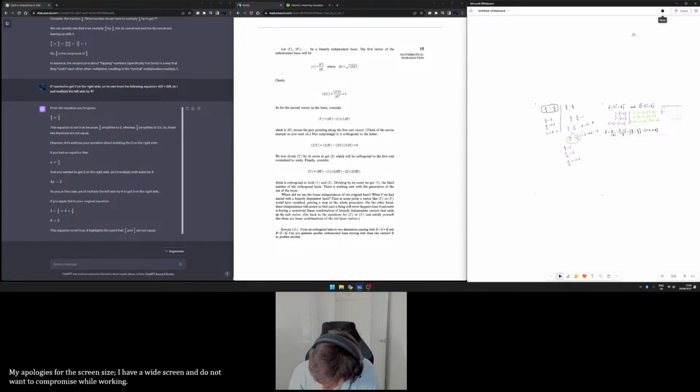So the normal of A is equal to 5. The first vector of the orthonormal basis will be, I guess you just divide it by itself, right?